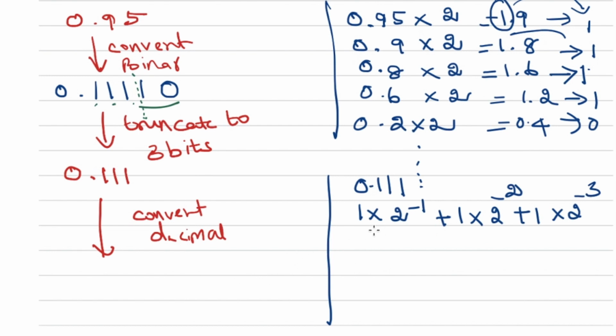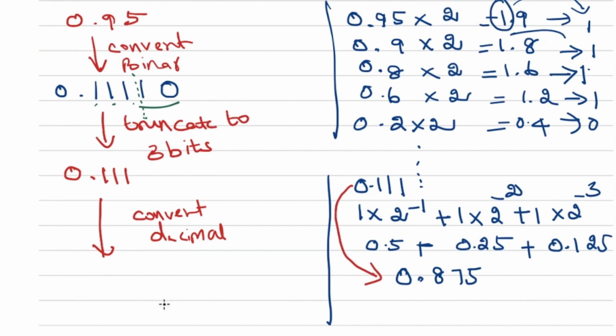How will you find this? 1 into 1 by 2, that is 0.5, plus 2 squared is 4, so 1 into 1 by 4, that is 0.25. Similarly this one is 0.125, so this is 0.875. So converting this binary to decimal, we will get 0.875.